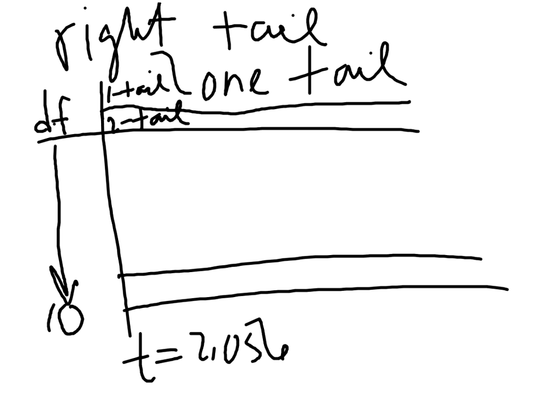Now, my graph isn't going to look anywhere as nice because they've actually got an excerpt of the table there. But if you notice, 2.056, even crudely on my graph, falls between 1.812 and 2.228. So it falls between there.